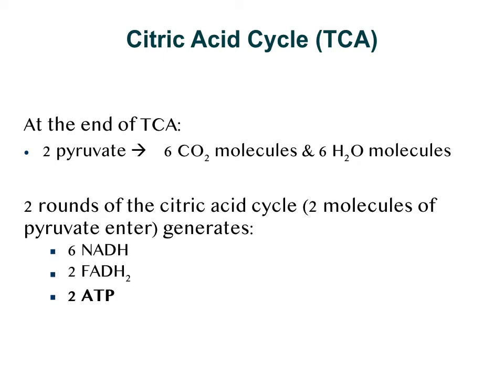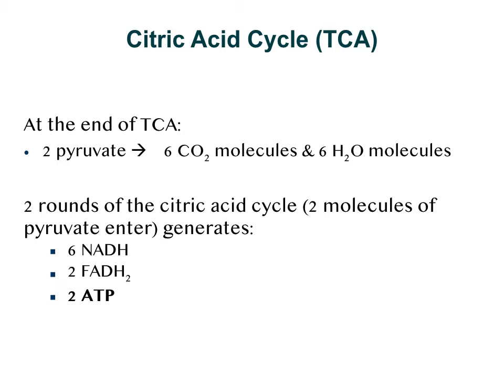Okay, so let's look at what happens at the end of the tricarboxylic acid cycle. Ultimately, from our 2 pyruvate, we will release 6 carbon dioxide molecules and 6 molecules of water.